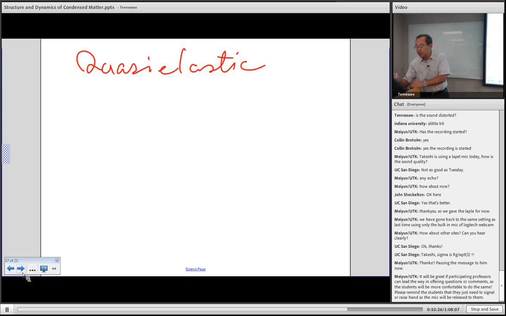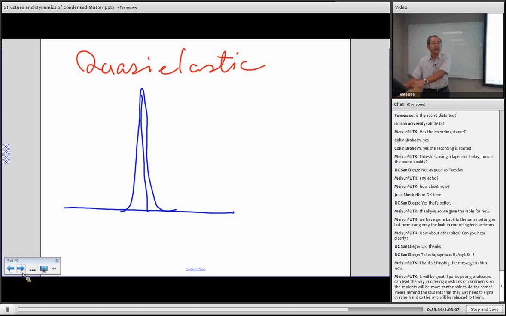Now, quasi-elastic scattering is that scattering which is almost elastic. So this is an elastic scattering, right? And the width delta E is determined by the machine, by the resolution of the machine. It depends on what kind of monochromator you have, or chopper if you are dealing with a pulsed source.